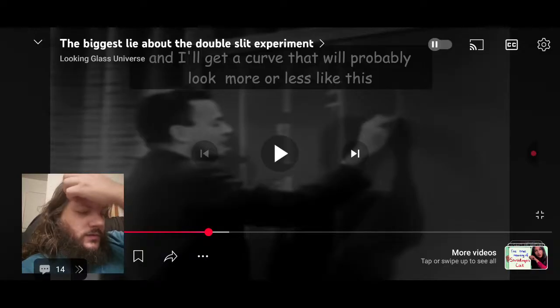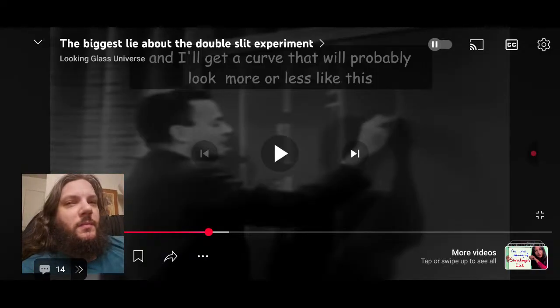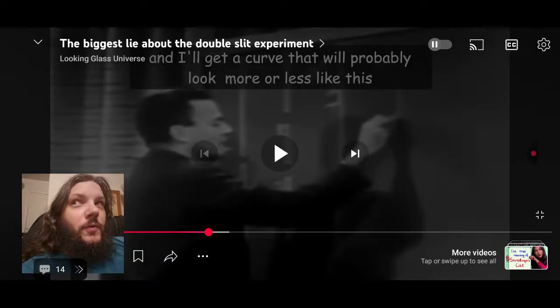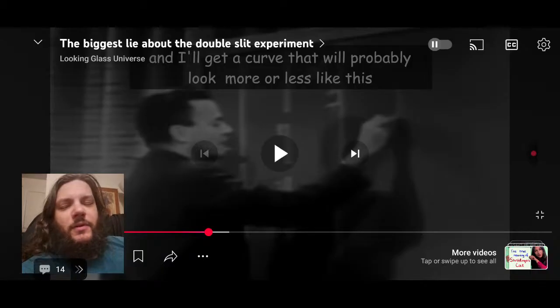If you're not doing a double slit experiment with equipment that is near to the speed of an electron, how fast is it? I don't know, 2.2 thousand kilometers per second, or 2 million meters per second.